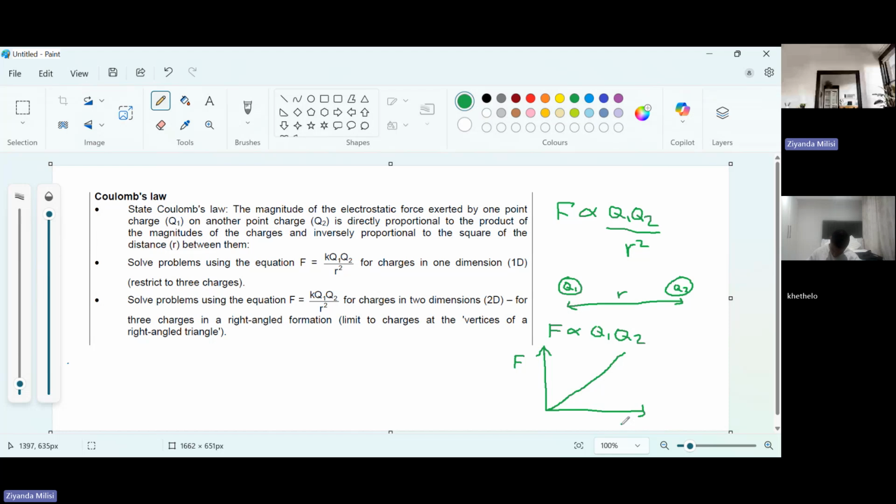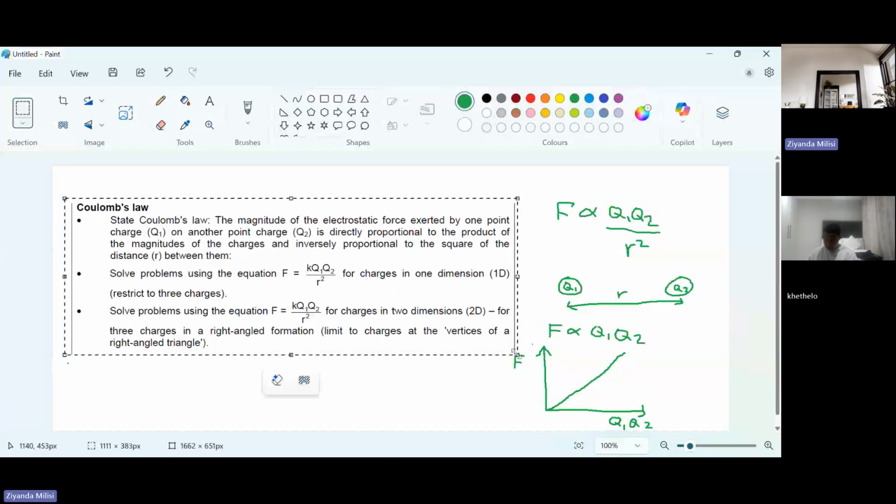We have the product of Q1 and Q2 on your x-axis, the independent variable. You can see the graph that shows the relationship between the electrostatic force and the charges.